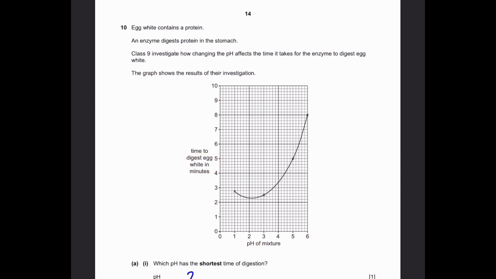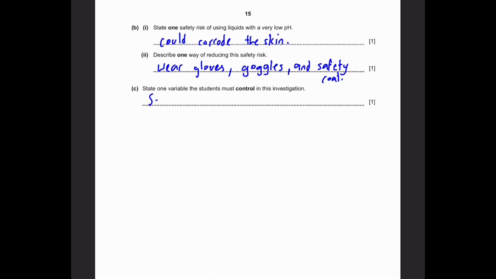There could be different sizes. It could be a very small size. It could be a really big size of the egg white. It could be many eggs used, or it could be a part of one egg. So the size also matters because you have to have the same size of egg white all the time. Otherwise, it'll take more time to digest higher sizes of egg white. So we can say that same size of egg white.